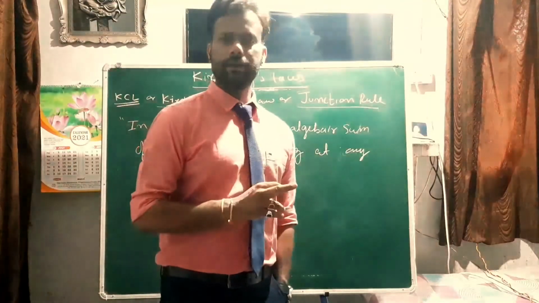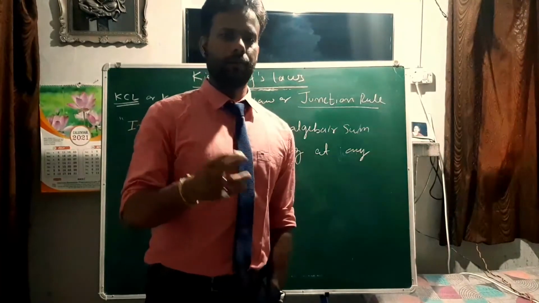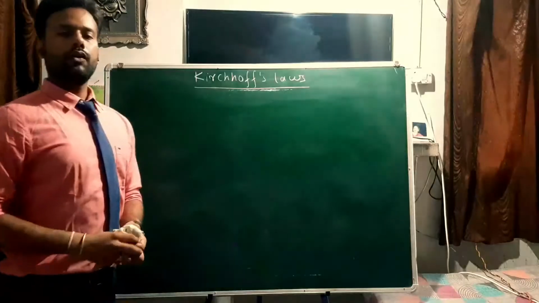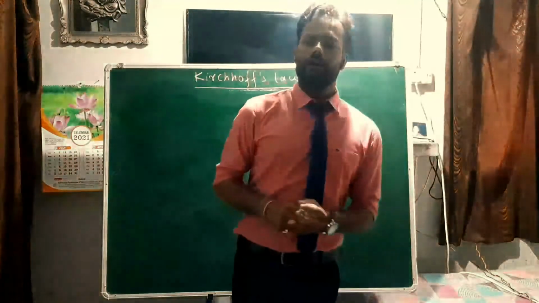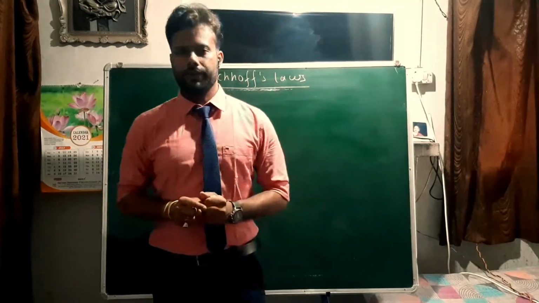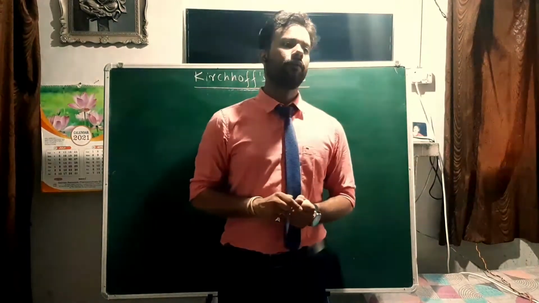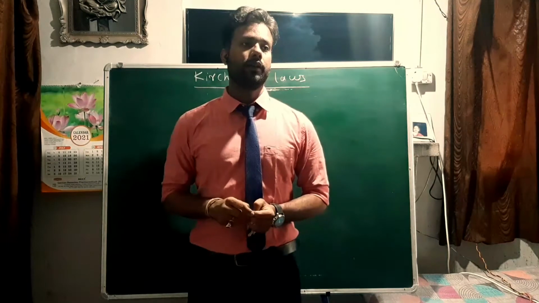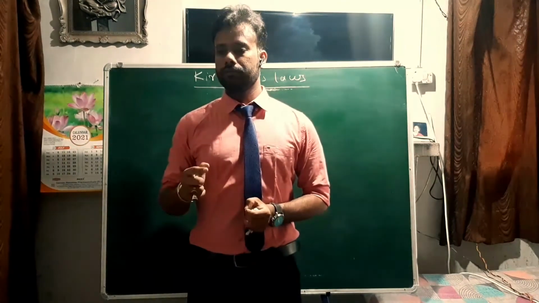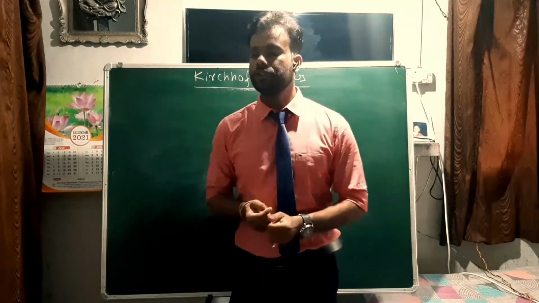Now what does it mean? You will understand it better with the help of a diagram, right? Now suppose you have a junction. Now what is junction? Junction is a point where number of branches meet, right? Like you have heard of a junction station, like Moradabad junction or Bareilly junction.